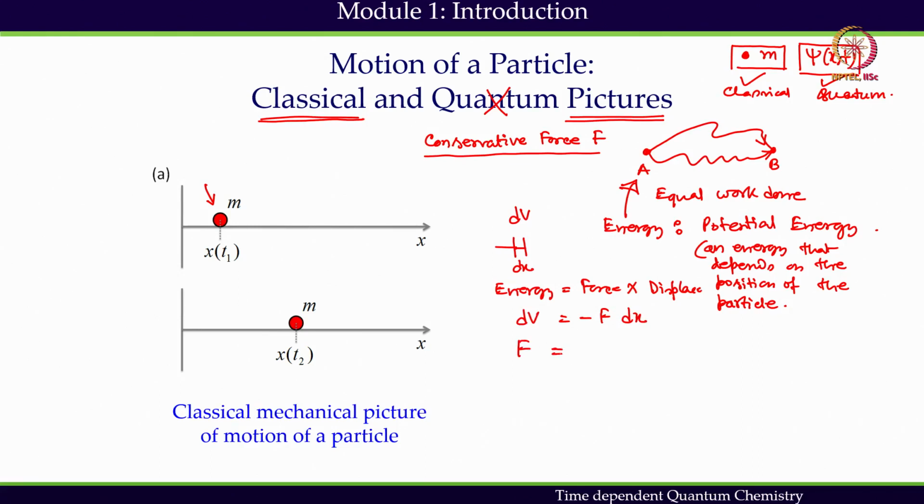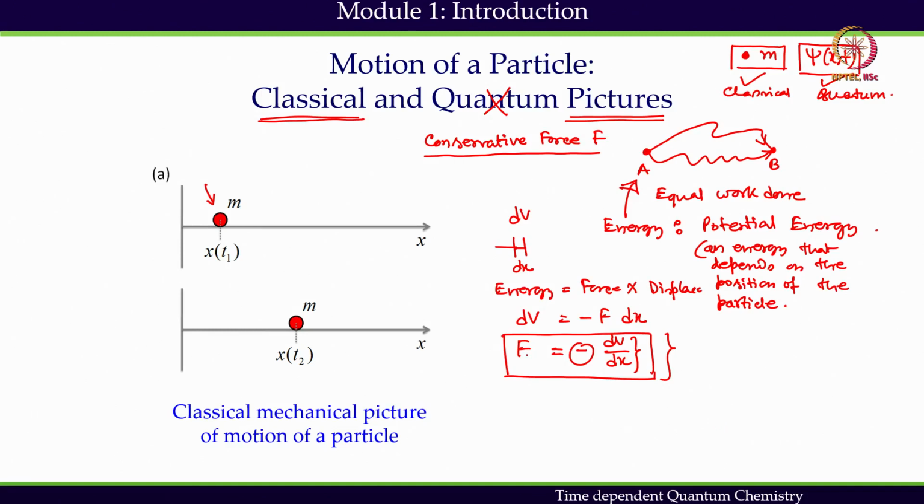So if it is a conservative force, then one can very easily write that the force is given by the negative gradient of the potential energy. This is a pure classical concept. The force is related to the negative gradient of the potential energy, where dV is the potential energy change. This negative sign comes from the fact that potential energy increases when displacement increases, but the force is active in the opposite direction to reduce the potential energy. So that's the basic idea.